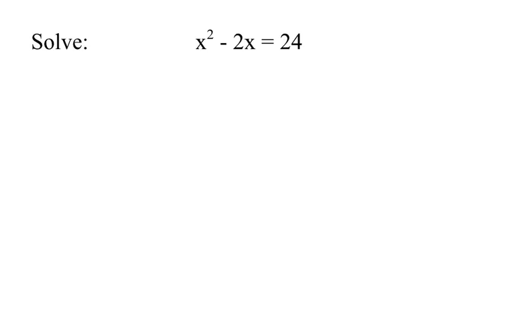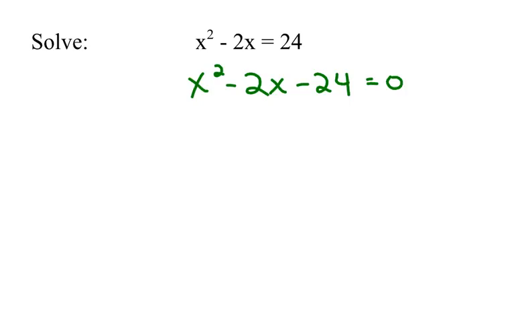X squared followed by the x, then the constant, equals 0. So what we need to do here is subtract 24 from both sides of the equation. When we subtract those, we get x squared minus 2x minus 24 equals 0. Now we're in standard form.